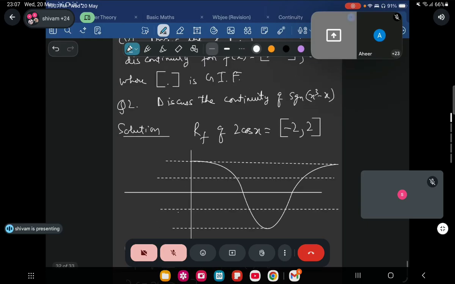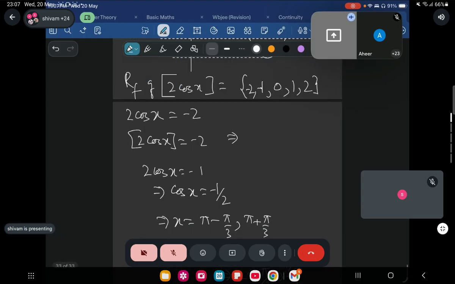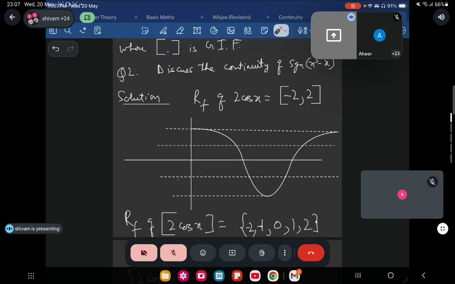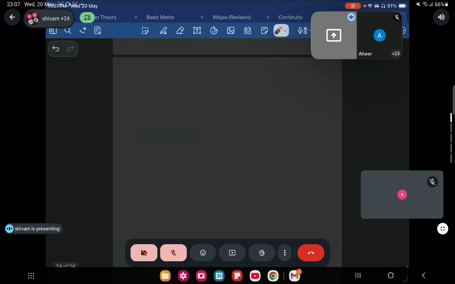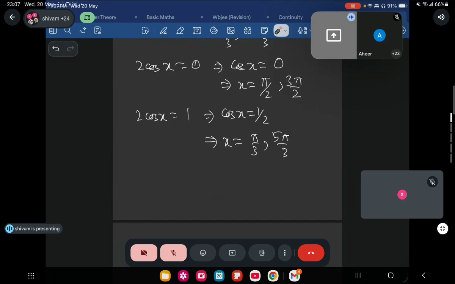Next. See, the graph is starting from here at exactly x equal to 0 and at exactly x equal to 2 pi. 2 cos x will be equal to 2. Okay, are the people getting? So 0 and 2 pi will be another 2 points of discontinuity.